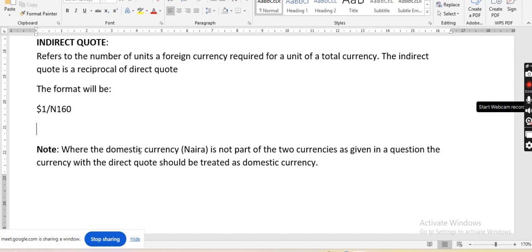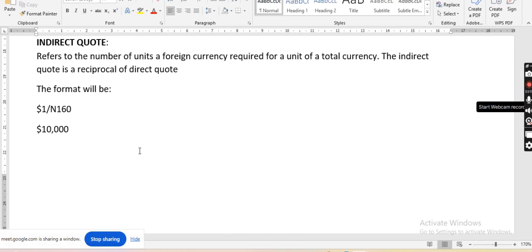You want to buy goods worth $10,000 from outside. When you want to buy this, the spot rate as at then is $1 to 160 naira. So what it means is $1 is equal to 160.